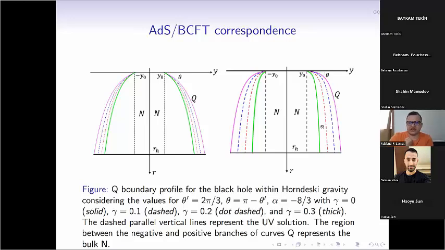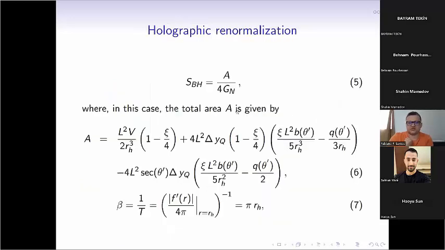When you compute the area of this figure, we find the black hole entropy, right? Of course, equation 6 is an approximate solution for our case, right? And this expression is very interesting because we have nontrivial terms, right?